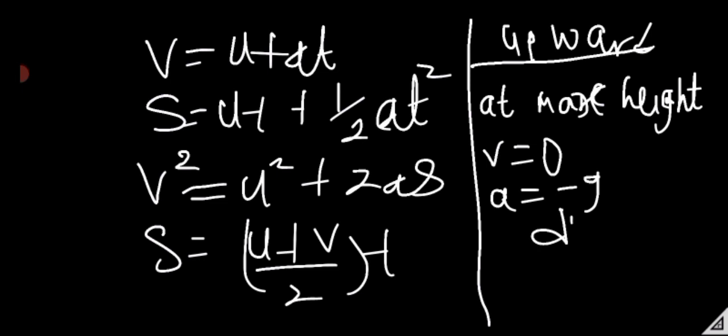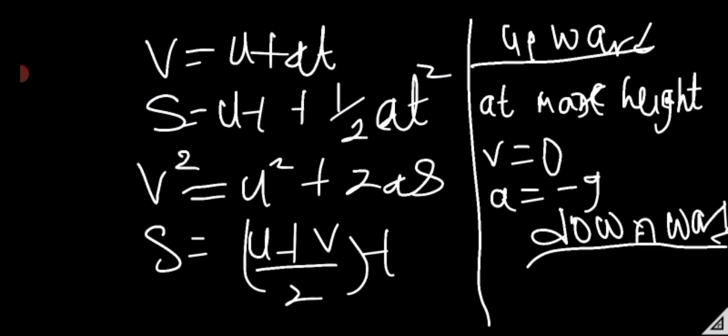So when it's going downwards, like when the body is just allowed to move in free fall. Let's say we had a stone at a height, and we allow the stone to just move downwards, right? What you will observe is that the initial velocity of this stone, since it is not moving, will be what? 0.